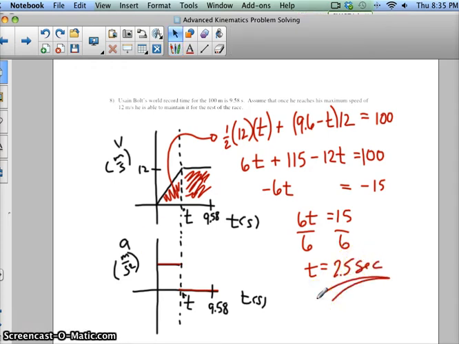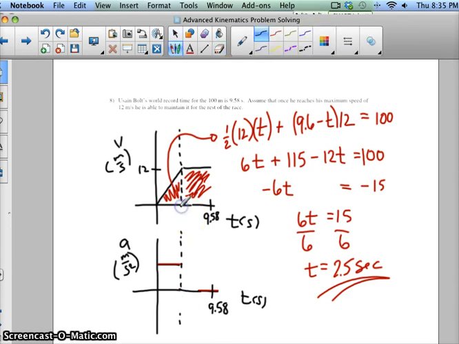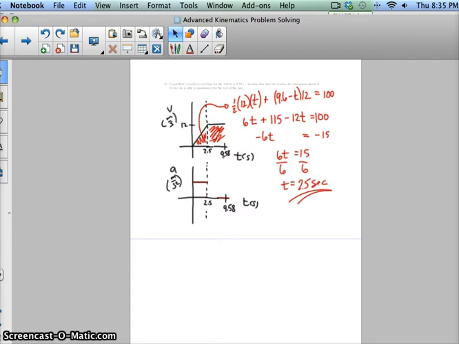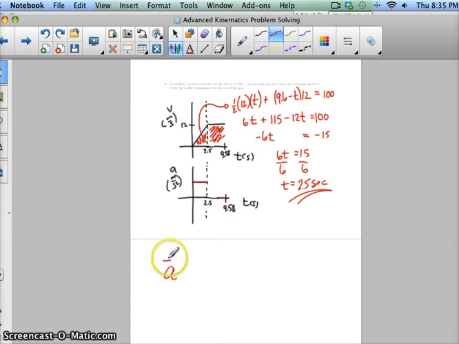So now I know that this time is actually 2.5 seconds. That's nice, because now I can figure out Mr. Bolt's acceleration, right? Now that I have that time. So I know that his acceleration is going to be his change in velocity divided by his change in time.